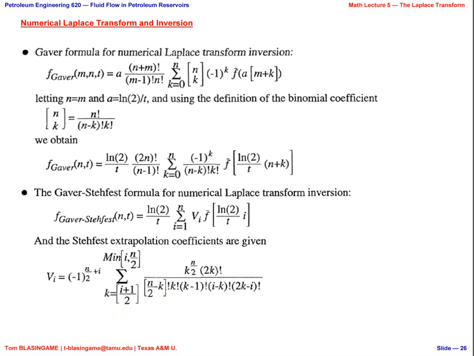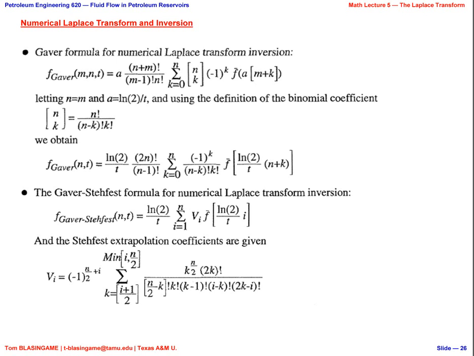The one that originally used this method was Gaver. He expressed it in this way, but it turns out to be kind of difficult, because for each term the sign changes, and it is also expressed in terms of a binomial coefficient.